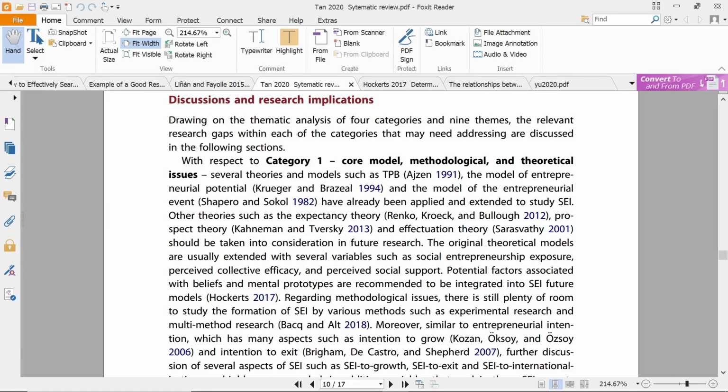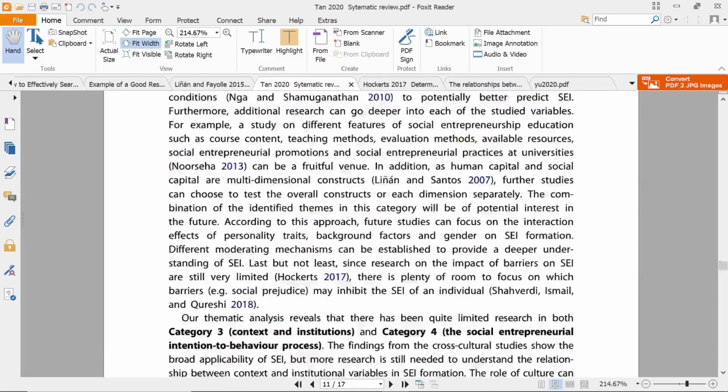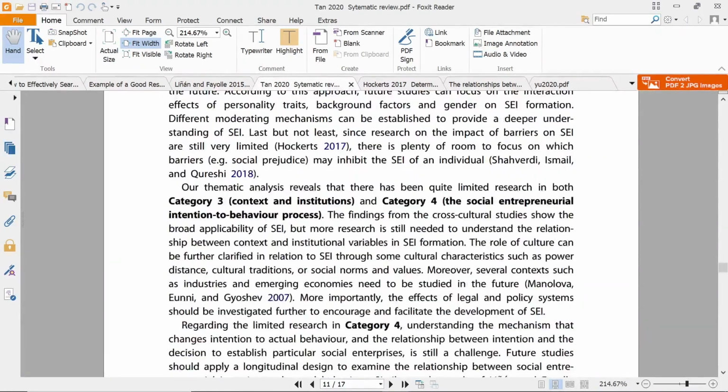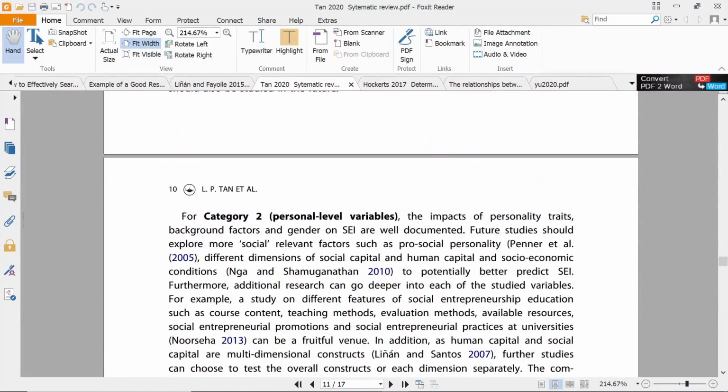So other theories such as expectancy theory, speculative theory and effectuation theory should be taken into consideration in future research. So someone can research those theories, then adopt or adapt an article based on those theories. So if your topic is founded on a systematic literature review paper, then it's rooted in very rigorous methods.